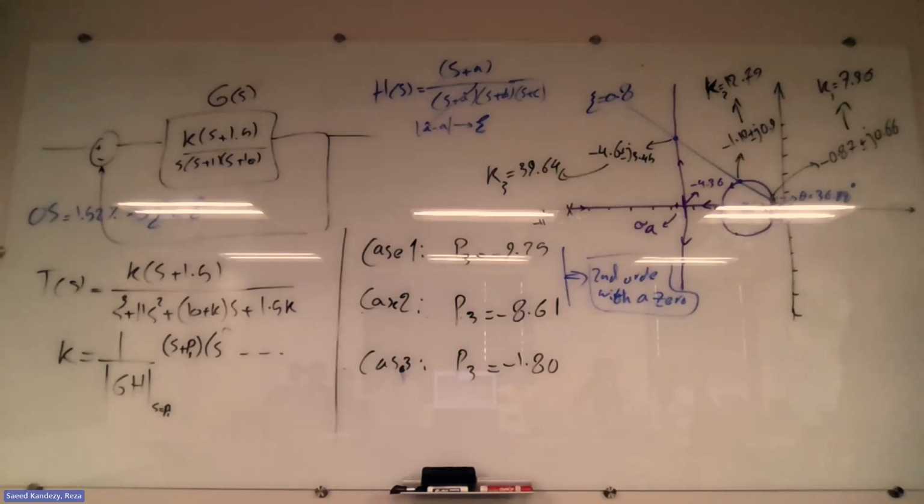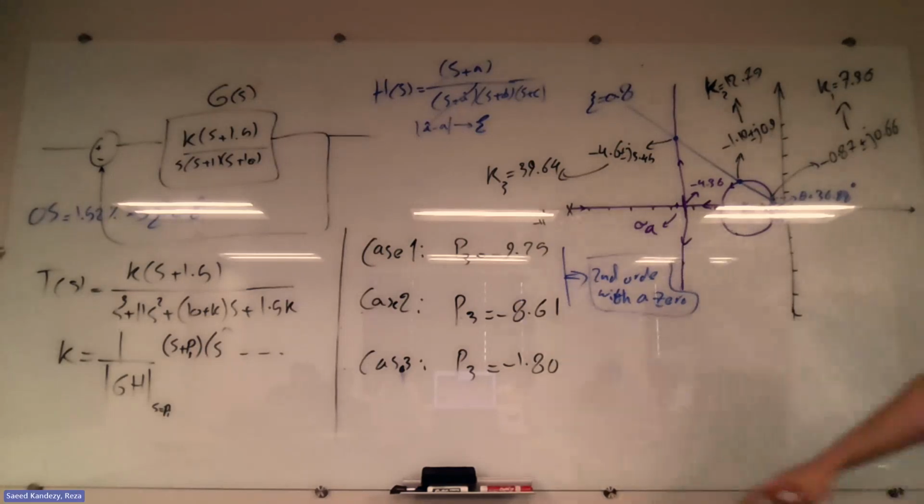What that means is, if you have a zero and a pole very close to each other, basically they will cancel each other out. You can approximate that these two cancel each other out. Are we good?